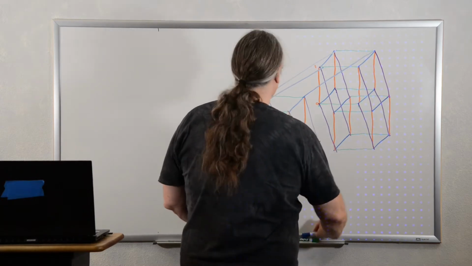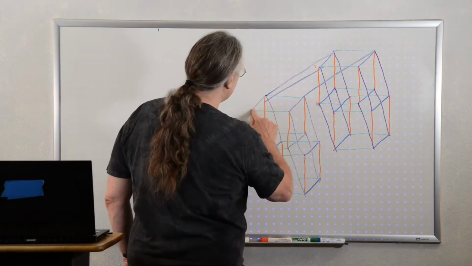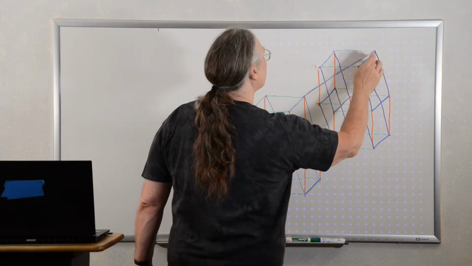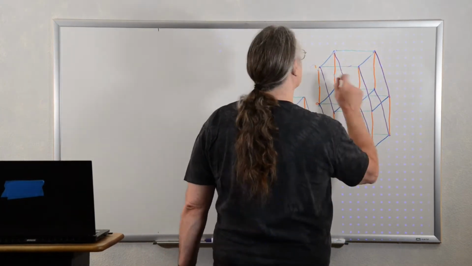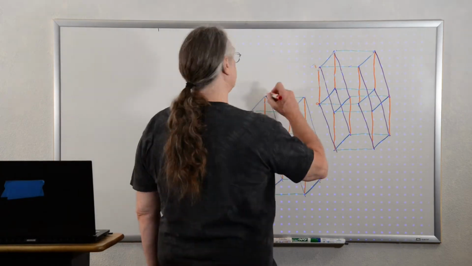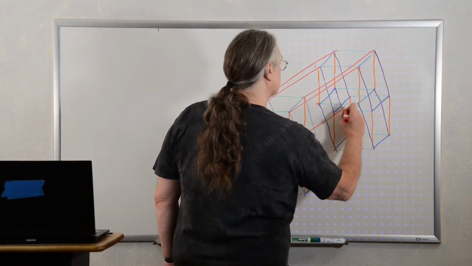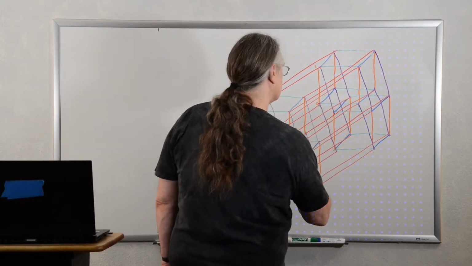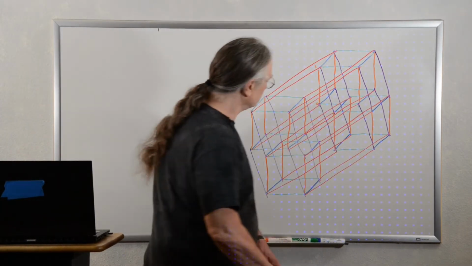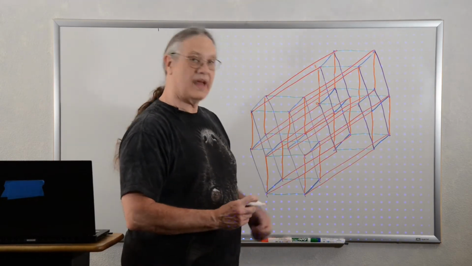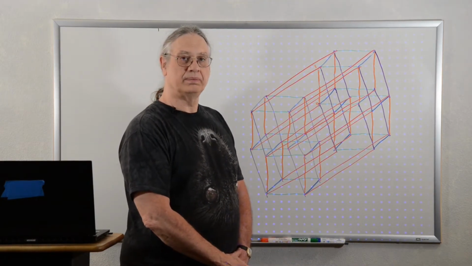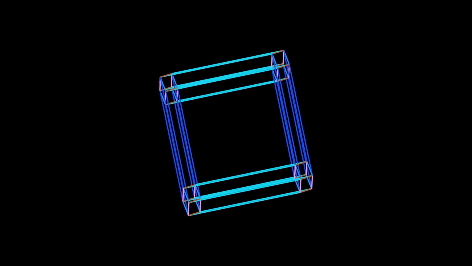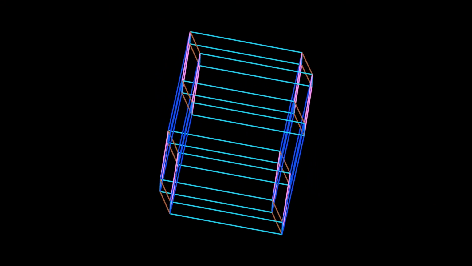Oops, I'm using the wrong color. And there is a five-dimensional hypercube. Here is a rotating five-dimensional hypercube I made on the computer. The lines are much straighter than the ones I drew.